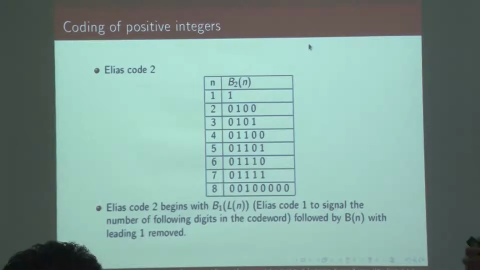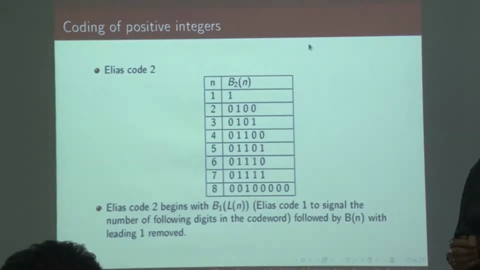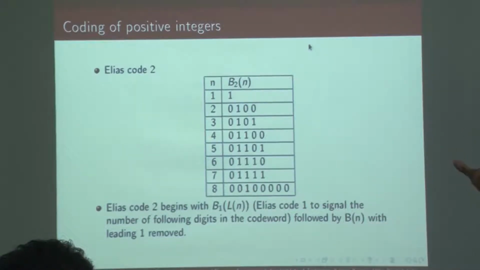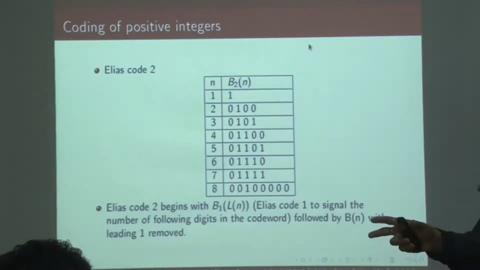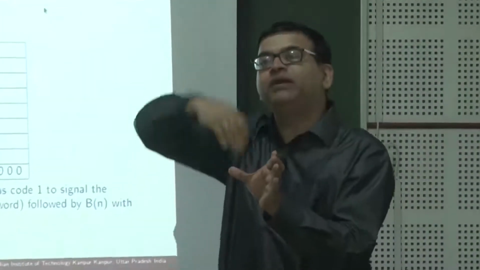If you noticed, in the binary representation of all these numbers, the 1 was common, right. So to denote the length of the binary representation of the number, use B1 code, followed by the binary representation of the number, except that the leading 1 has been removed.